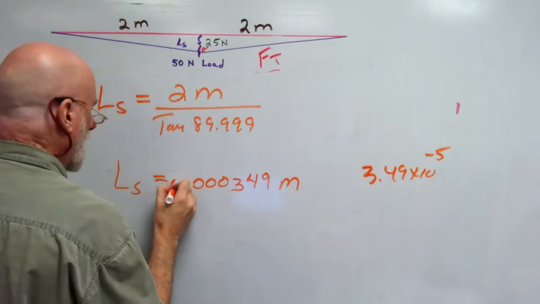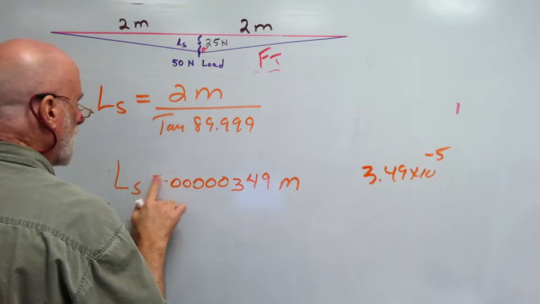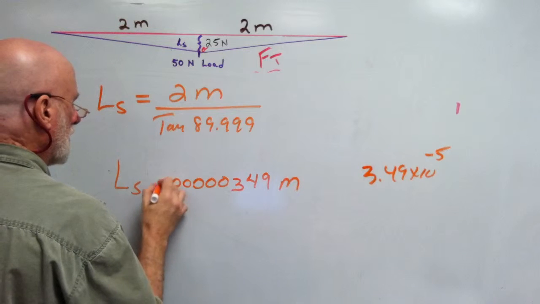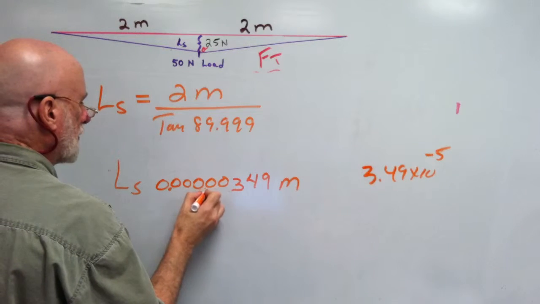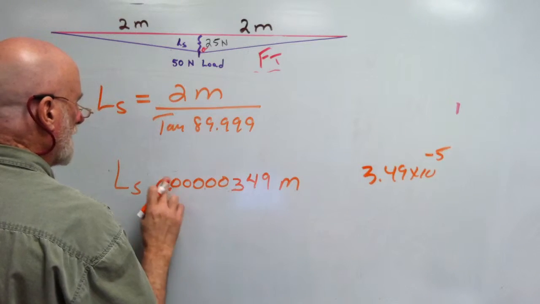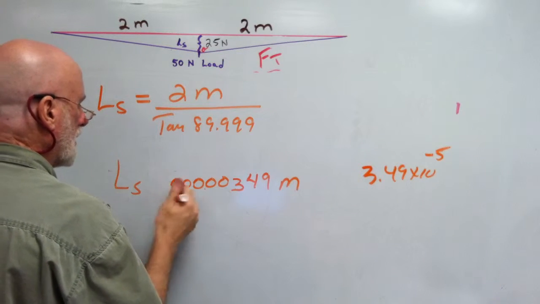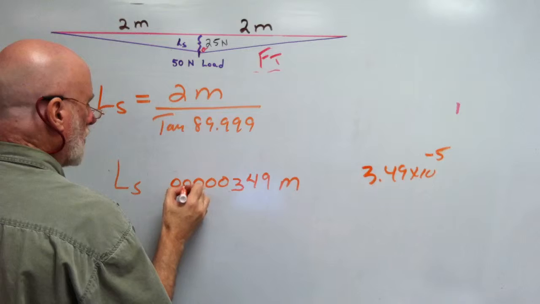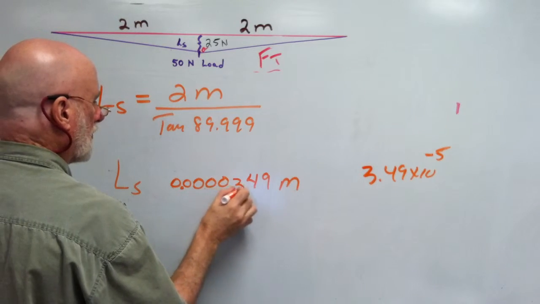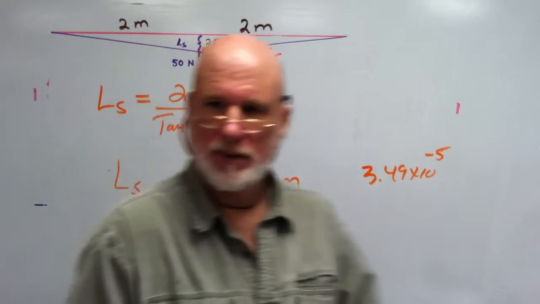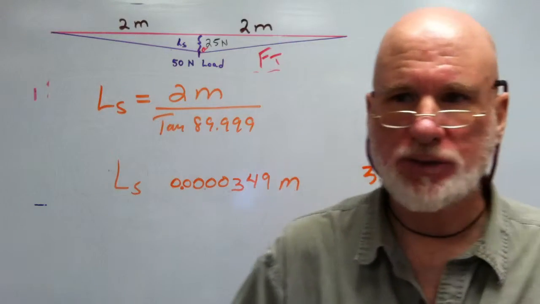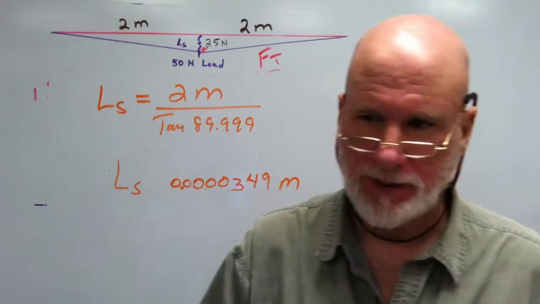You were correct. Is that right now? No, that's not right. It's going to be 1, 2, 3, 4, 5. That's right. Now, it's meters, correct?